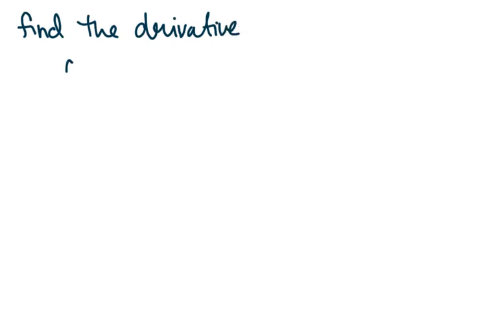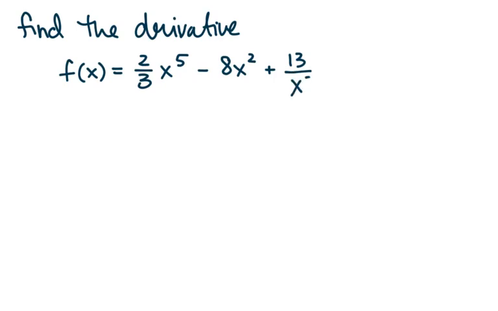So here again, we're going to find the derivative. So finding the derivative of f of x equals 2/3 x to the 5th minus 8x squared plus 13 over x cubed plus the 5th root of x squared plus 4,000.